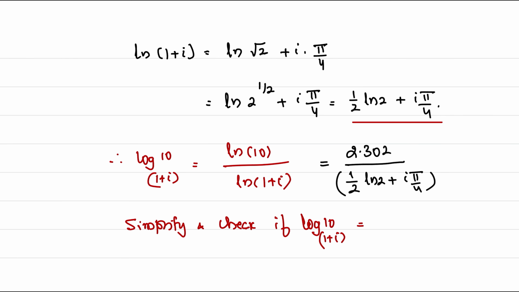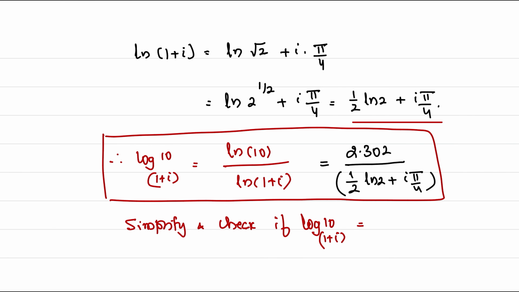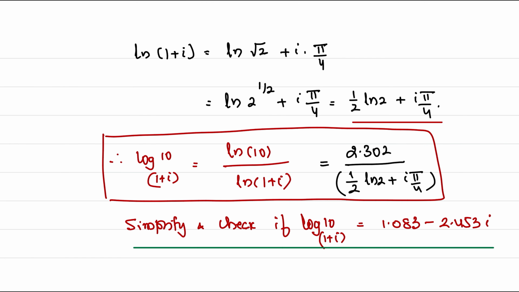In total, either you can put the value same as shown here, or you can simplify. When simplified, log 10 to the base 1+i gives the value 1.083 minus 2.453 into i. This is the answer. Then you simplify this.